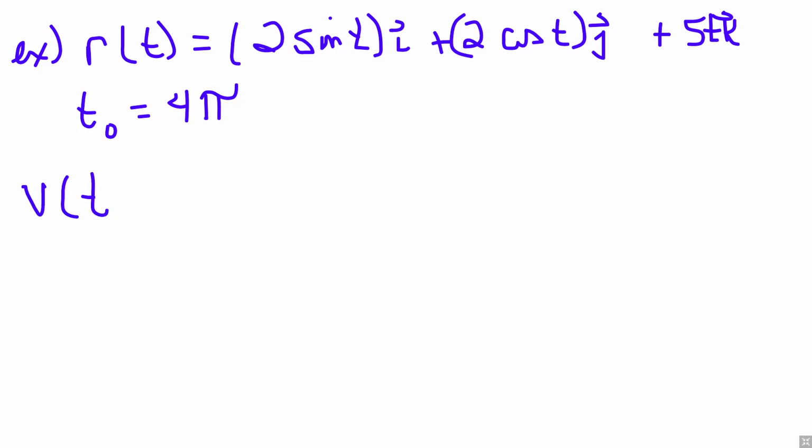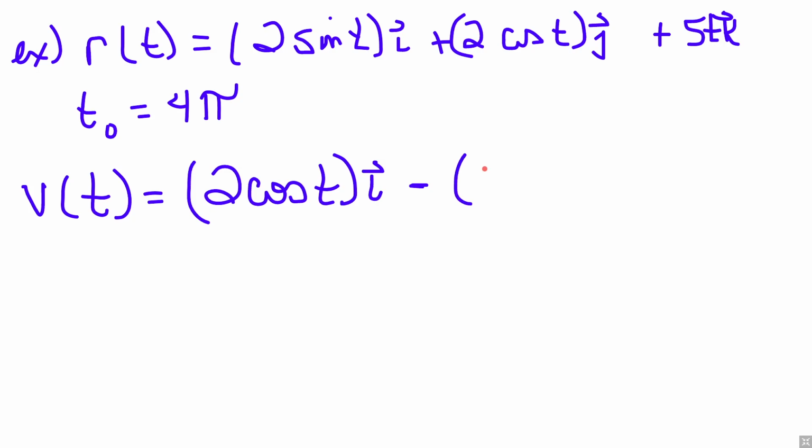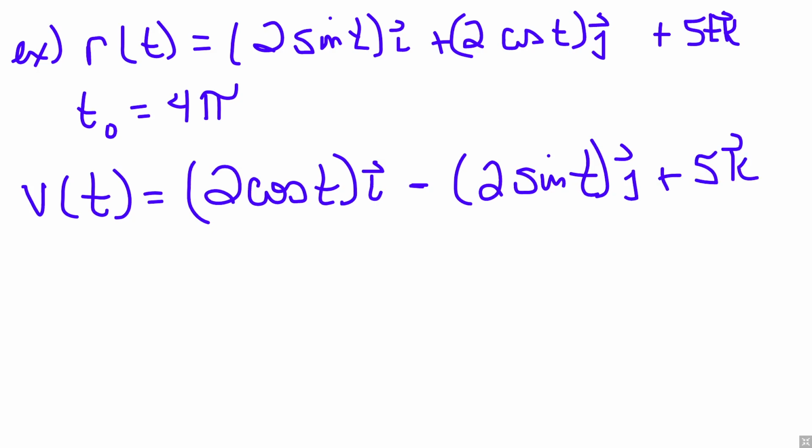So the velocity vector is going to be, in this case, 2 times the cosine of t in the i direction minus 2 times the sine of t in the j direction. Oops, did I leave a component off? Okay, never mind. Plus 5 in the k direction.